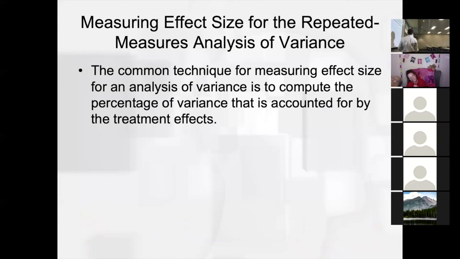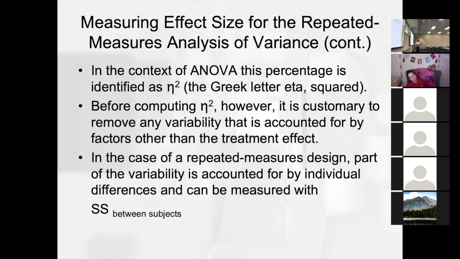So again, if we wanted to do an effect size, we are looking at the percentage of the variance that we can account for by treatment effects. Like we talked about last time, we're going to use eta squared.